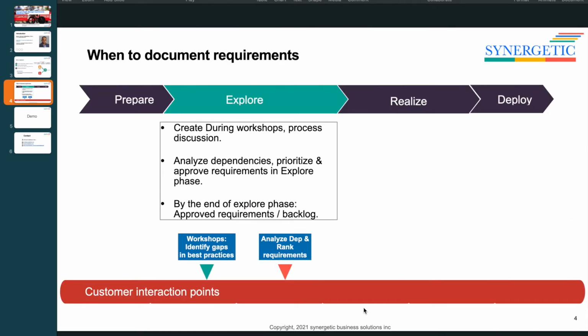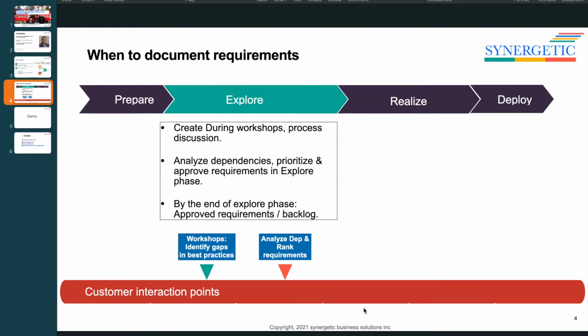The explore phase is basically when you want to capture a lot of the requirements, and that's when you have to rank these requirements, prioritize, analyze dependencies, and all the stuff. By the end of the explore phase, you need to have an approved backlog.